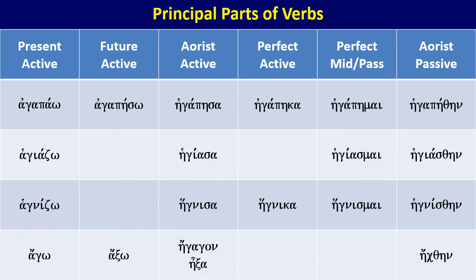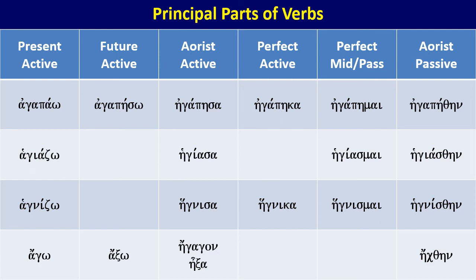Well, the reason that there are 2 possible spellings under aorist active is because there are actually 2 aorist forms, a first aorist and a second aorist. The axa spelling would reflect the first aorist, which we're learning about in this lesson, and then the agagon spelling would reflect the second aorist form that we're going to learn about in a future lesson.